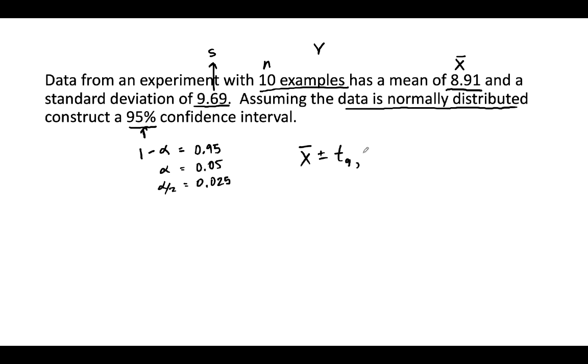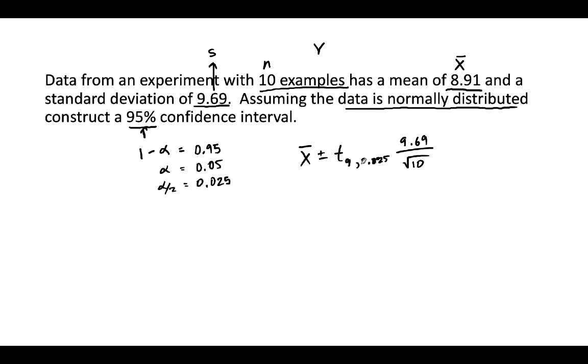Then what goes here is alpha over 2, which we calculated, times s over square root of n, where s is 9.69 and square root of 10. Okay, so this part is straightforward.